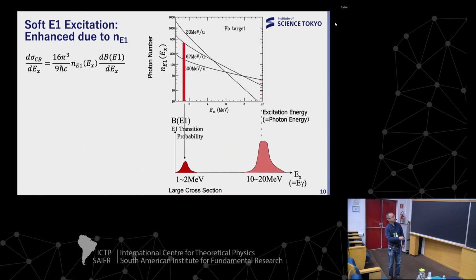But because of this difference of photon numbers, and this is a logarithmic scale, in fact, only when we have this soft E1 excitation can we get large cross sections, like more than 500 millibarn to 1 barn, actually. While the giant resonance becomes like 100 millibarn or even less. Sometimes we can just measure the integrated cross-section, so it's called the inclusive Coulomb breakup cross-section. The inclusive Coulomb breakup cross-section can already tell us about the existence of this soft mode.